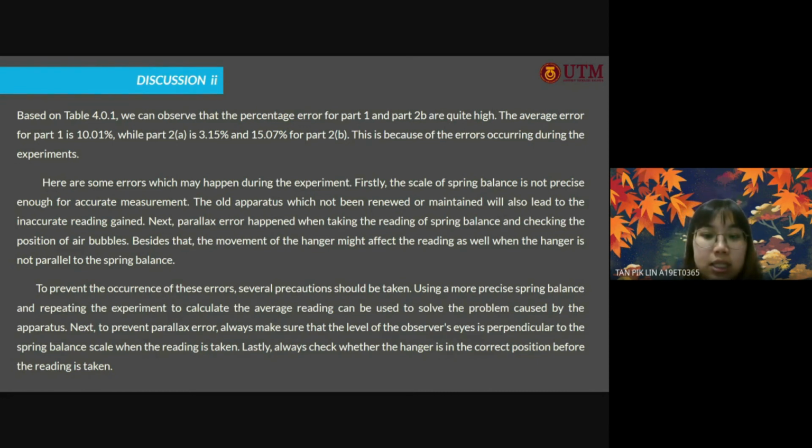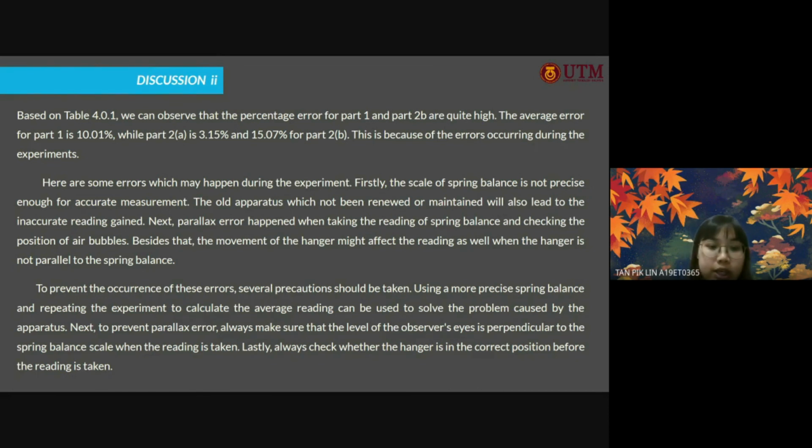First is the scale of the spring balance is not precise enough for accurate measurement. This is because sometimes the apparatus is old and has not been maintained or renewed, so it might lead to inaccuracy of the readings that we get.